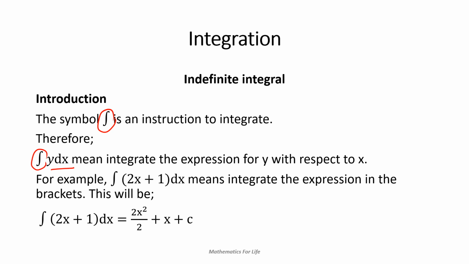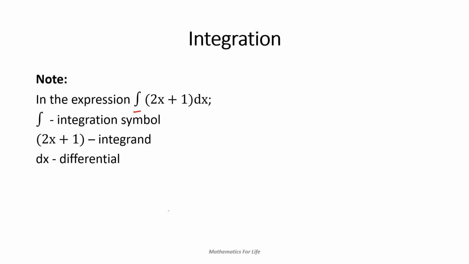For example, the integral of 2x plus 1 dx means you integrate what is in the bracket with respect to x, and that will give us the result 2x squared over 2 plus x plus the arbitrary constant c, which again from our previous discussions, if you're provided additional information, you can determine the value of the arbitrary constant c. Notice in the expression, this symbol is called the integration symbol, 2x plus 1 is called the integrand, and dx is referred to as the differential.